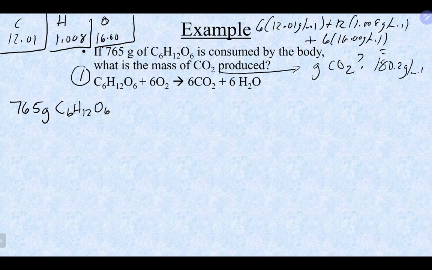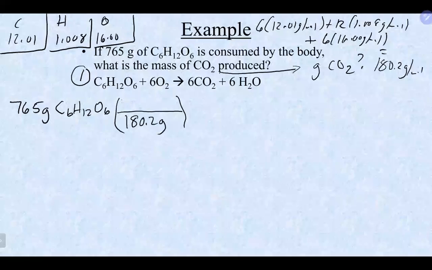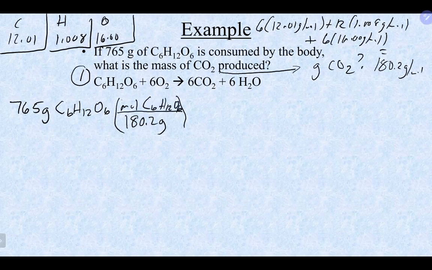Again, we're going to use that as a conversion factor to convert the grams into moles. So on the bottom here, opposite needs to go grams. So that's 180.2 grams per mole of our C6H12O6. That basically would be step number 2, converting into moles.